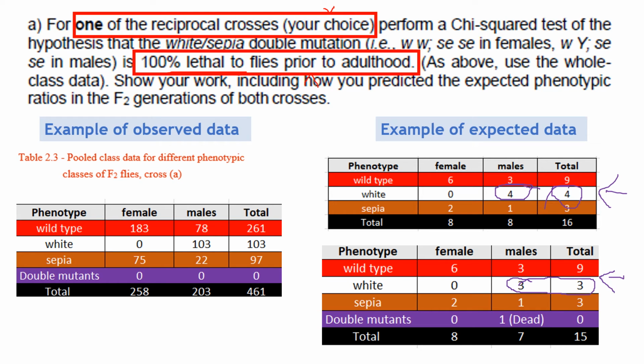So why? Because one of the white males, in table A, was actually a double mutant. So now where does it go? It goes here, to the double mutant. So we remove one of the 4s and it turns into a 3. This is how you change it.